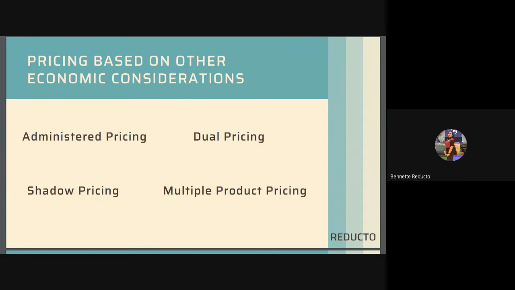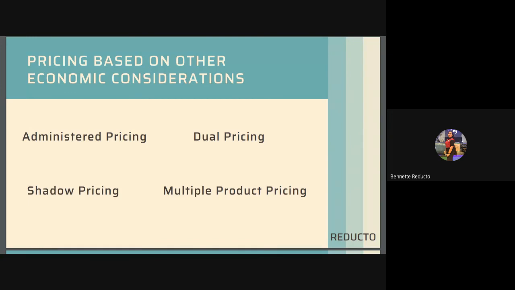Next, we have pricing based on other economic considerations. There are four. The first one is administered pricing, wherein the government is the one who will enforce these prices, and these prices are fixed.